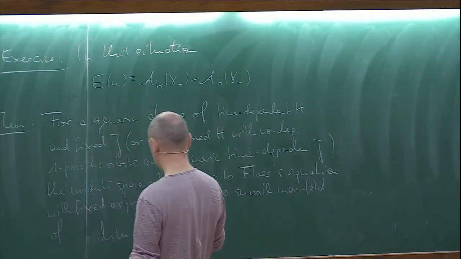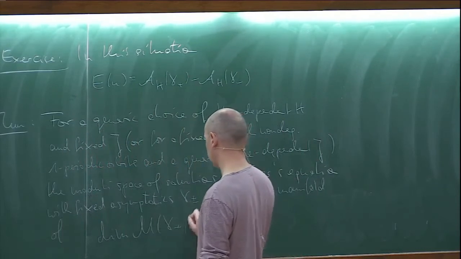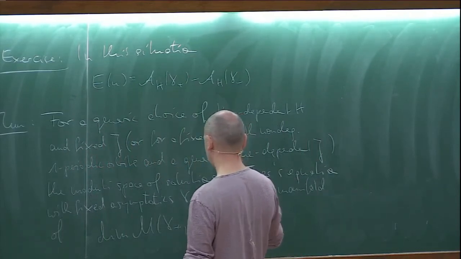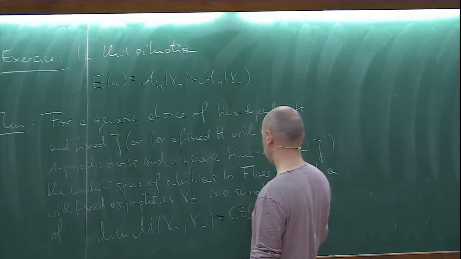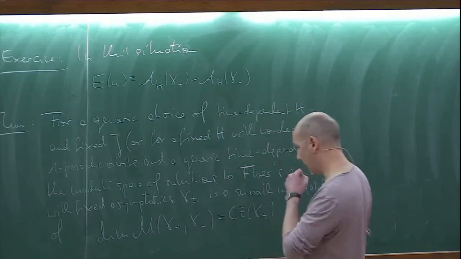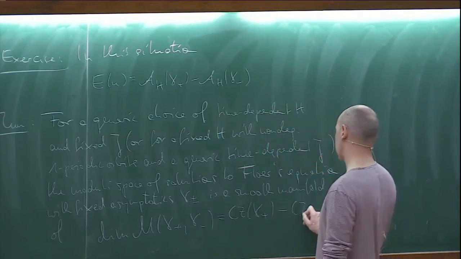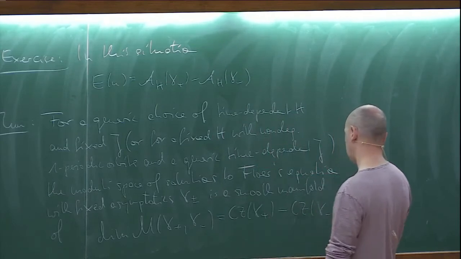I'm going to call this moduli space M gamma plus gamma minus, and the dimension is the Conley-Zehnder index of gamma plus minus the Conley-Zehnder index of gamma minus.